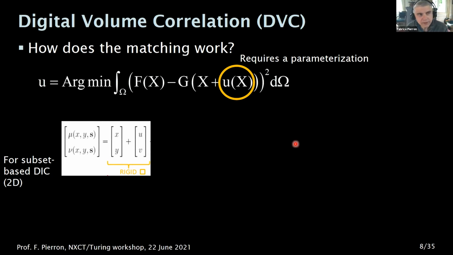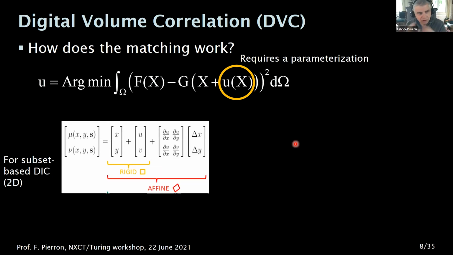You can enrich that base. If you have slightly larger deformation, you might say that actually this little subset will also deform. And if you want to track the displacements better, you will need to add a higher order part to this shape function. So you could go for affine. And in that case, you have now also the derivatives here to identify. So you now have to identify more parameters in this matching, but this will give you a better estimate of the displacement of the center of the subset.